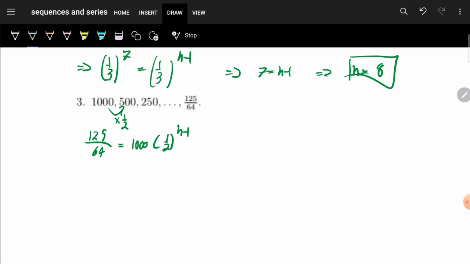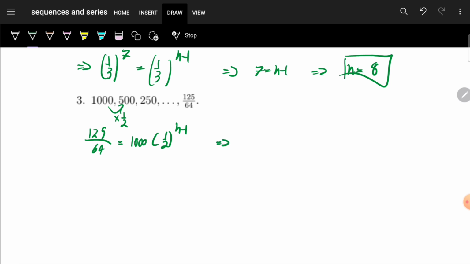So let's go ahead and divide both sides by 1000. So that's going to be the same as using the fraction multiplication logic on top. It's going to be 125 over 64,000. I encourage you guys to pause the video, do this by hand, make sure you agree with this. Okay, to the power of n minus 1.